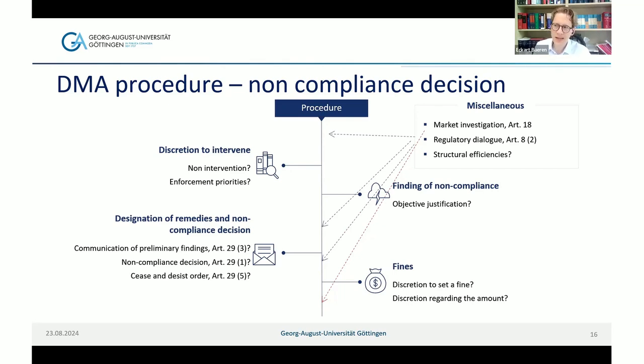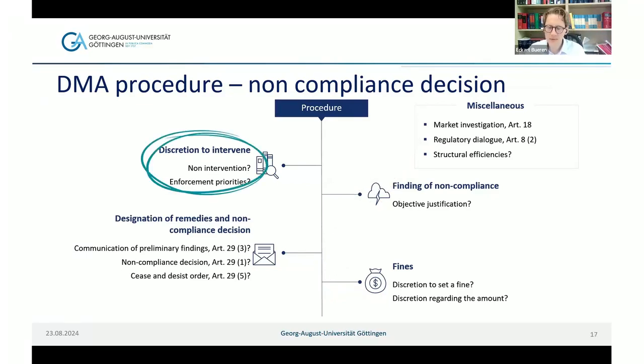The companies can initiate it themselves, or the Commission can initiate it without any deviation from the DMA or any non-compliance problem, but it can also be done in parallel with non-compliance proceedings. So it can occur in various stages. And structural efficiencies is another aspect that I will discuss in the end.